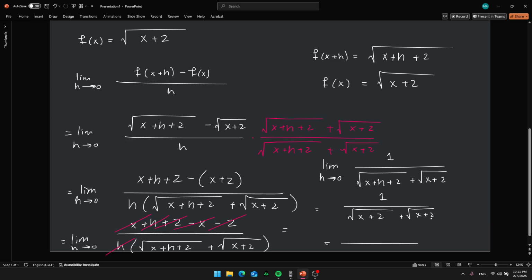If you have one apple and one apple, they are two apples. So similarly here, two of the radicals. So 1 over 2 times radical x plus 2. This is the final answer of this question, part B.